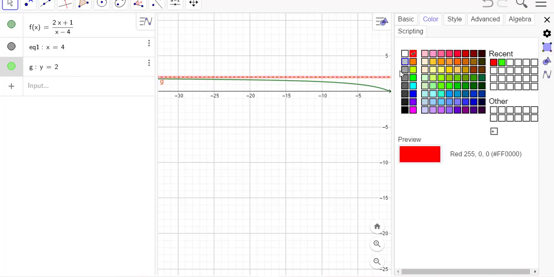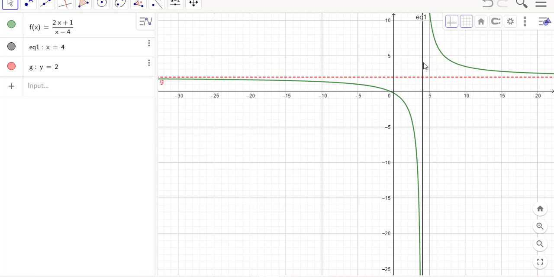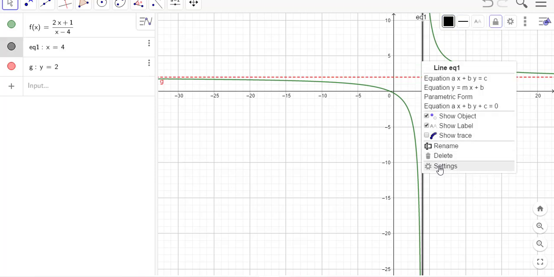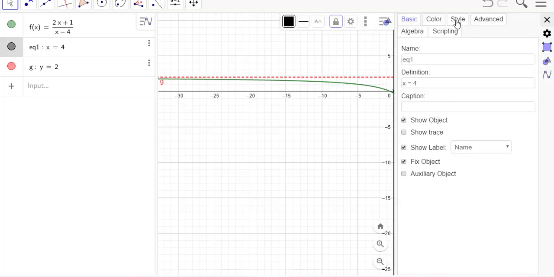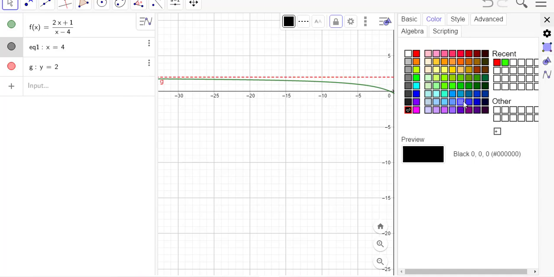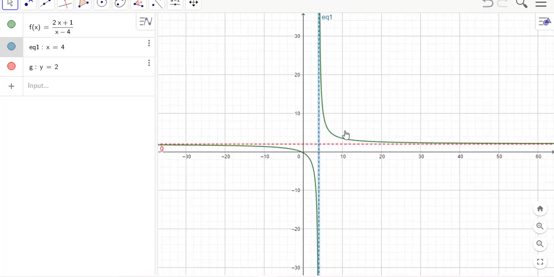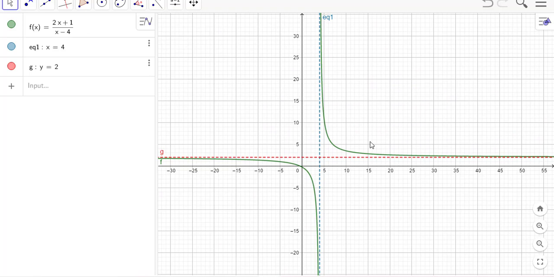Then we take this other one, give it a beautiful color and broken lines too. So that's the shape of our graph. You see, that's exactly what we have. We will never touch the asymptote, never.